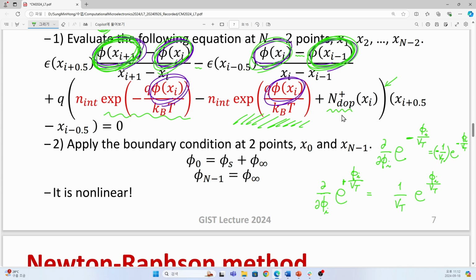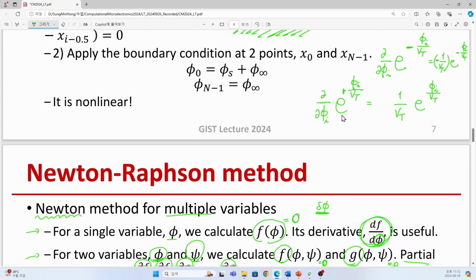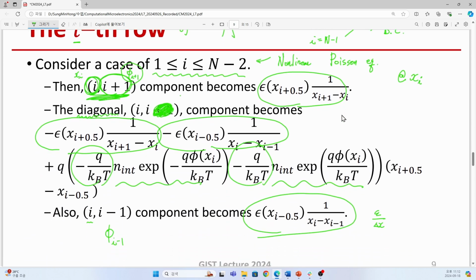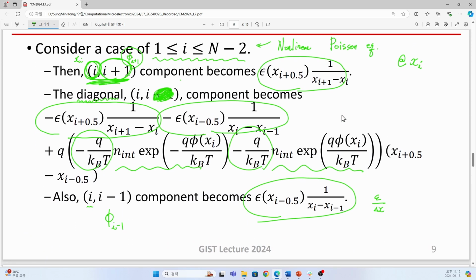So when we take the partial derivative, it's gone. We don't have any surviving term from our doping concentration. So now for arbitrary i values in this range, you can calculate each component.